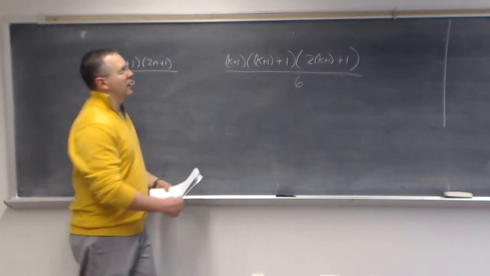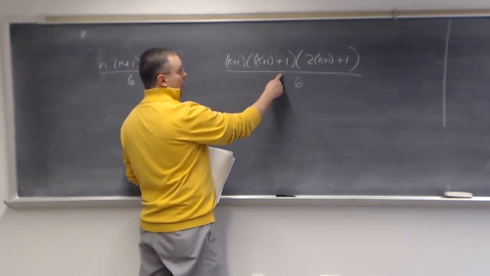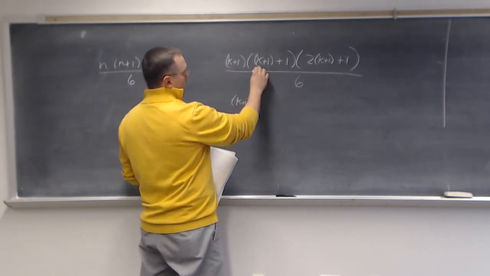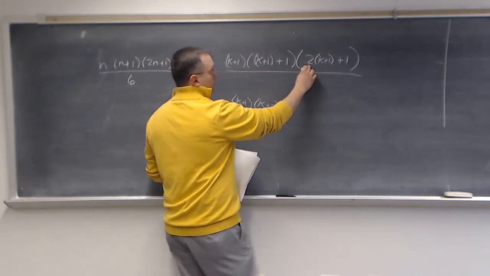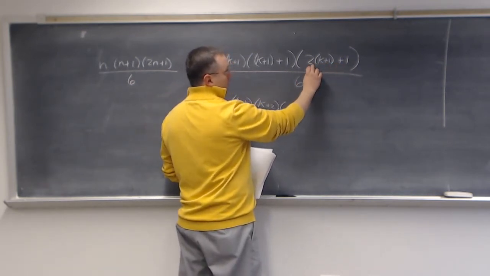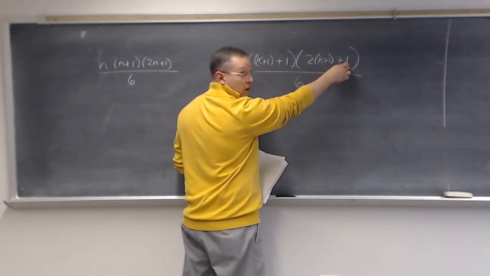What I would suggest if you get stuck is to figure out what it's going to look like at the end, and then maybe go backwards. Let's simplify this a little bit. k plus 1 plus 1 would be k plus 2. 2 times the quantity k plus 1 plus 1 would give me 2k plus 2 plus 1.